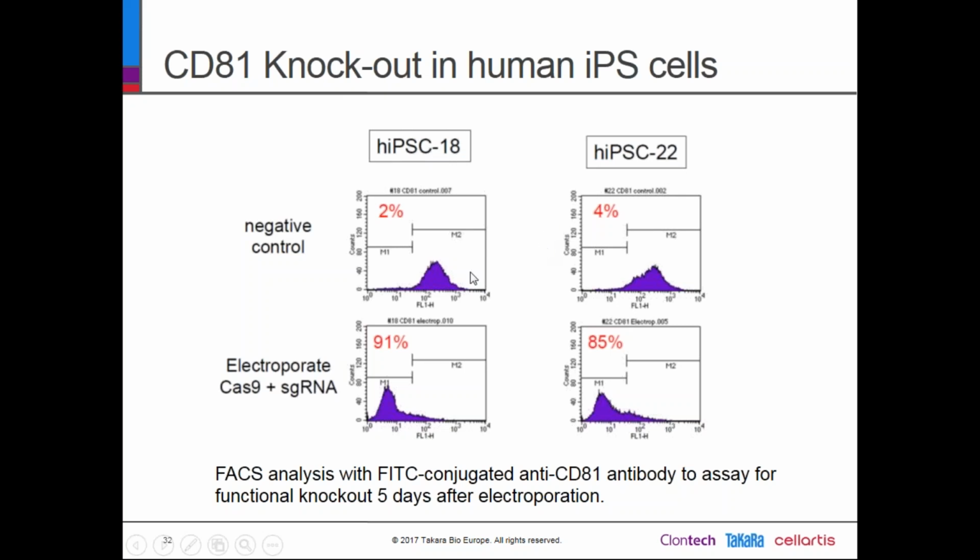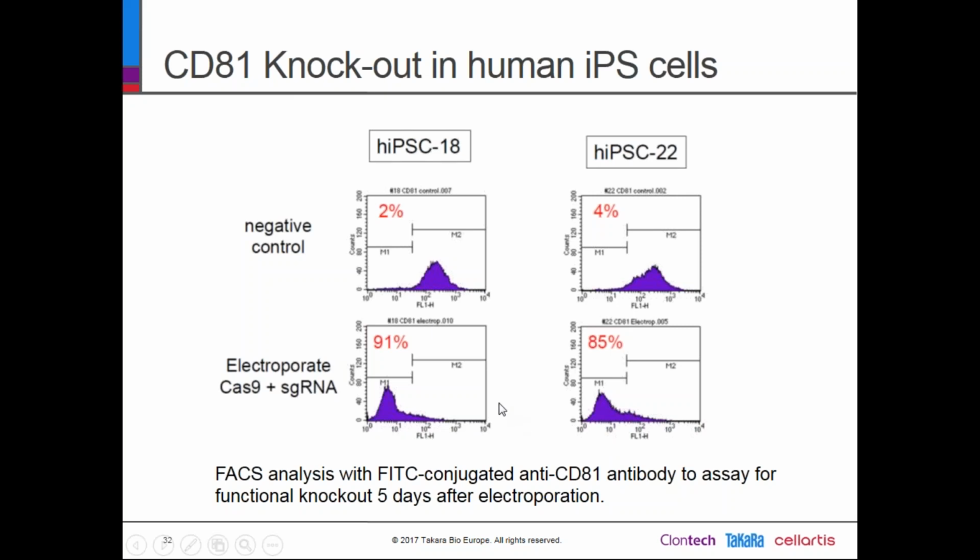And what you can see here, so this is the control showing the CD81 expression at the surface, and we could achieve very high functional knockout, so over 85% with this electroporation experiment. And this was measured 5 days after electroporation.